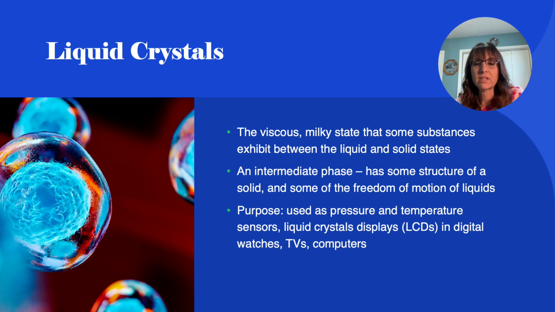The purpose of liquid crystals is they are used as pressure and temperature sensors. They're LCDs in watches, TVs, computers. The reason they're really useful is because the weak intermolecular forces that hold molecules together in a liquid crystalline phase are easily affected by temperature, pressure, and electric fields. So they can be manipulated for great purposes.